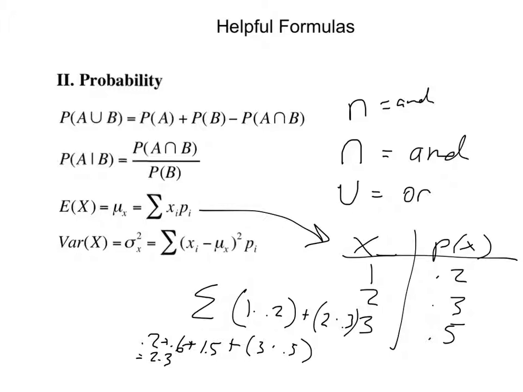So the expected number here would be 2.3, which makes sense because the expected value is going to be in between 2 and 3.